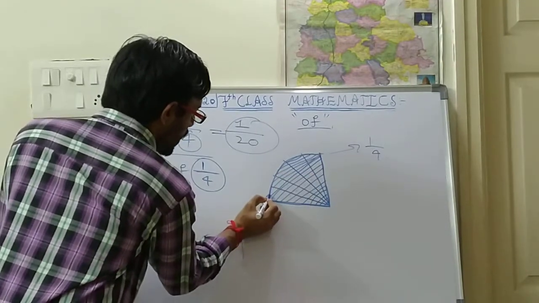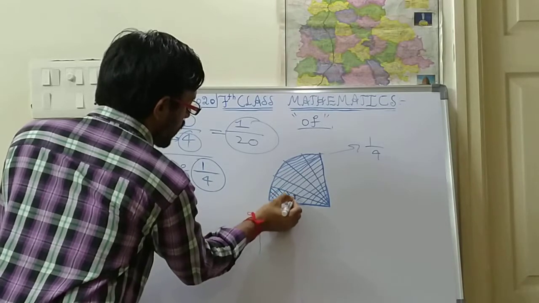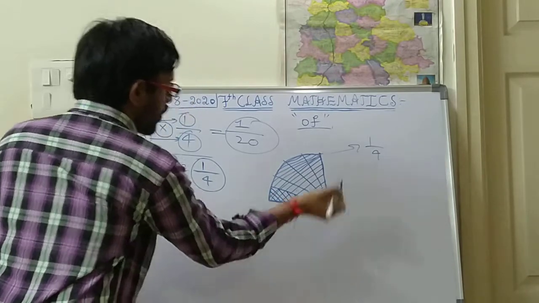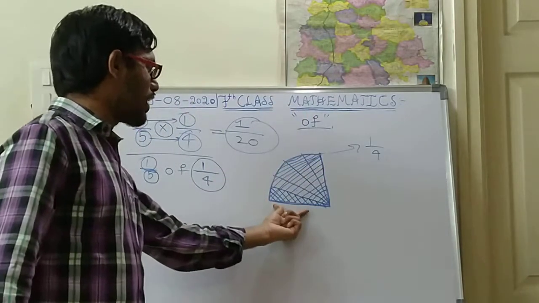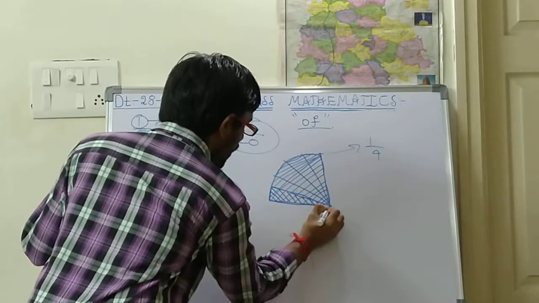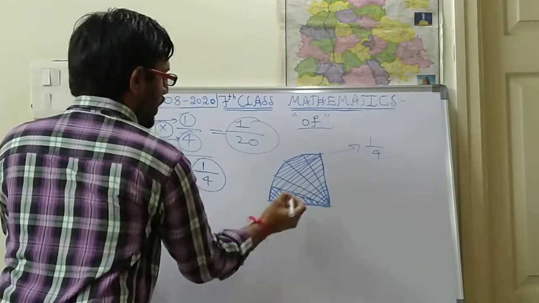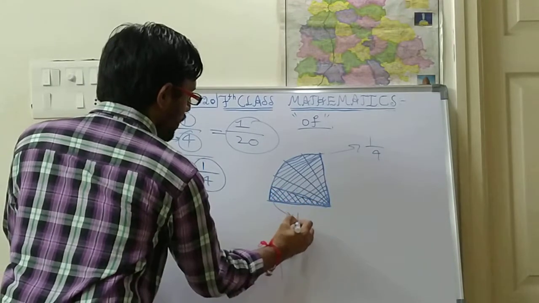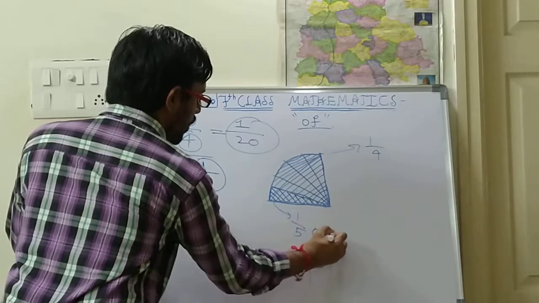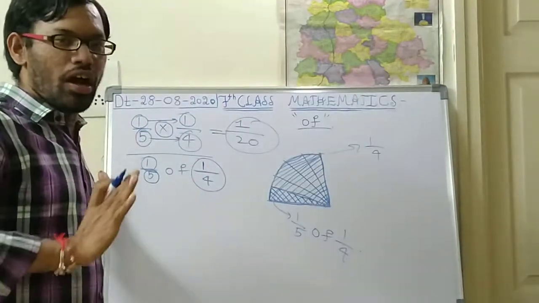So the bottom part I have shaded. Whatever region I have shaded here will become 1 by 5 of 1 by 4. Okay, I hope you have now understood.